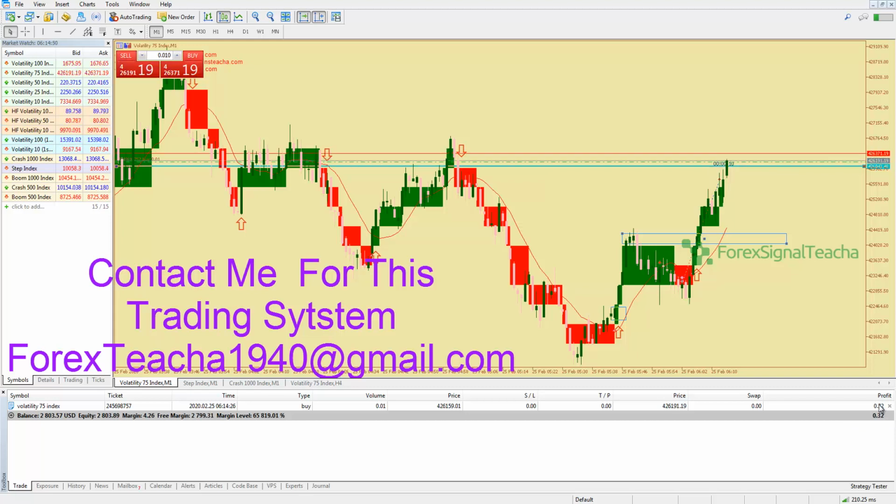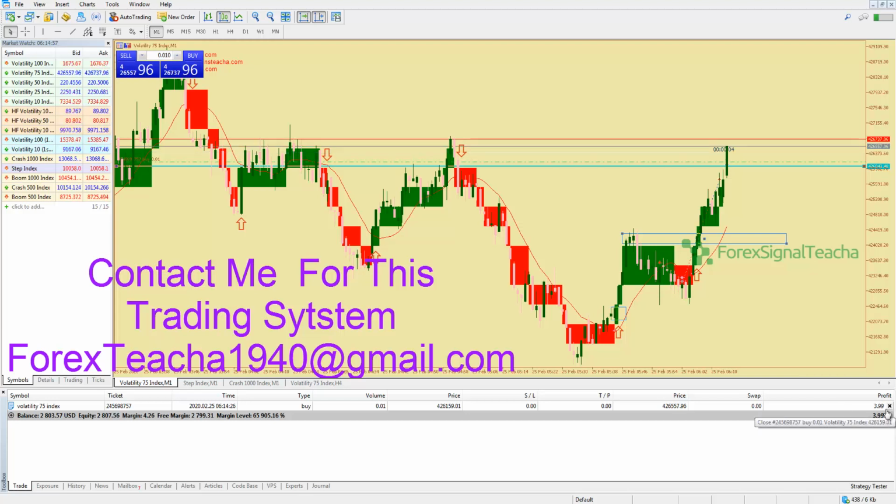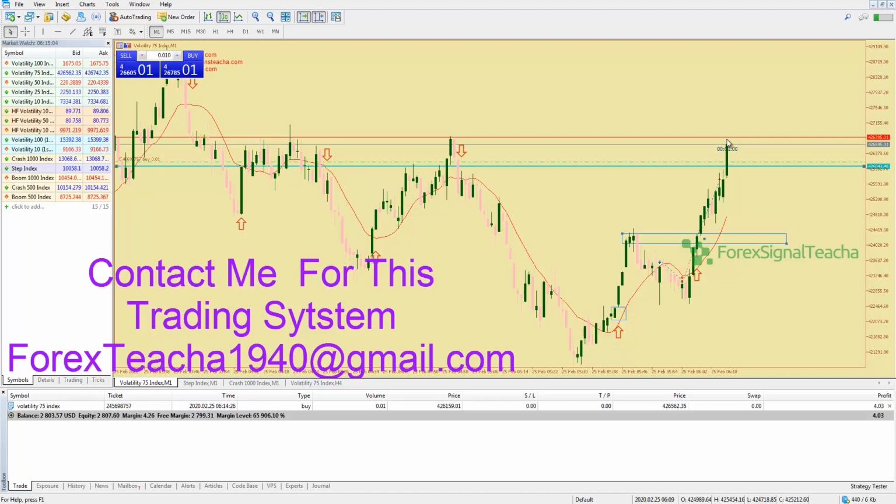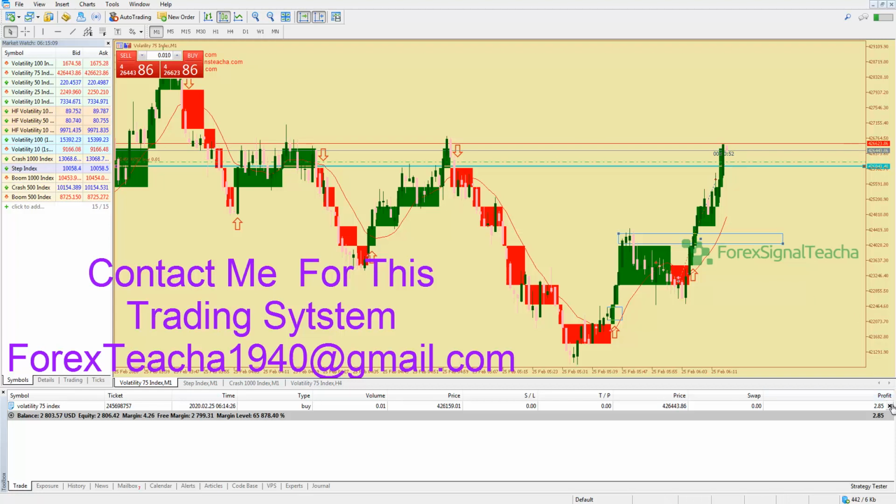The movement is great, so it doesn't matter. You see, $2, it's easier for you to make money. Use the small risk, $4. It keeps on going up. All right, so let me just close this one since the market has already moved up too much. I don't want to take a trade like this one.